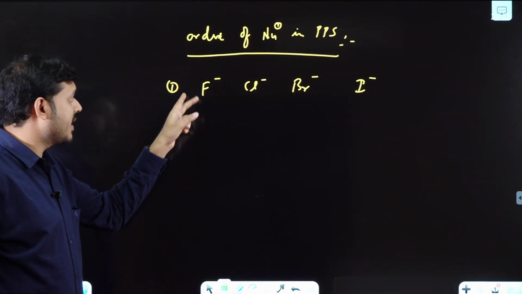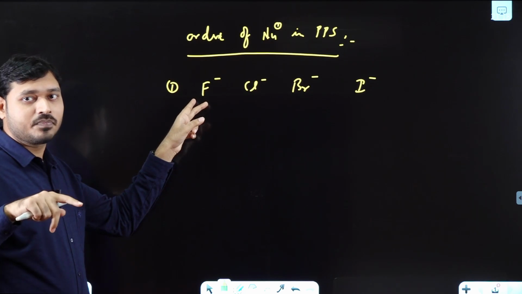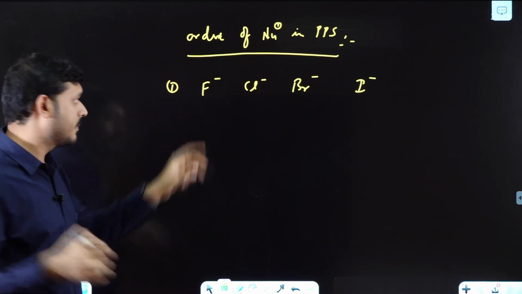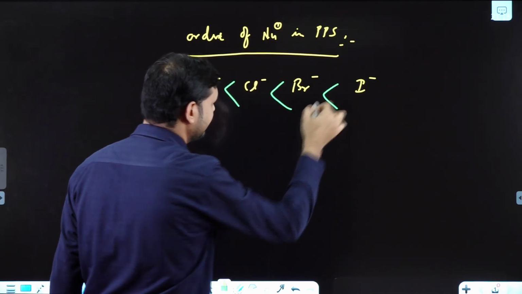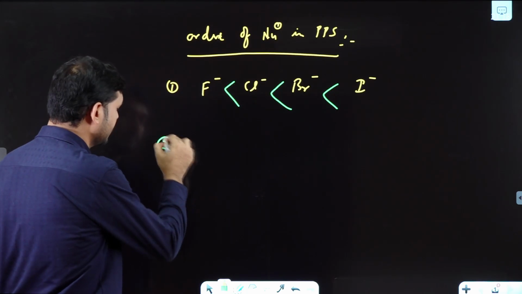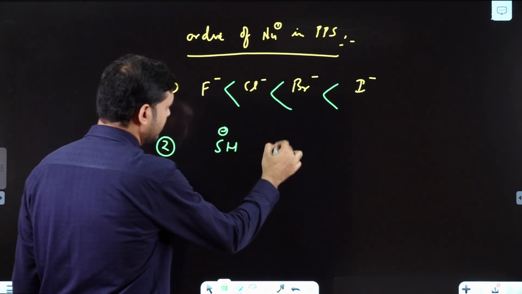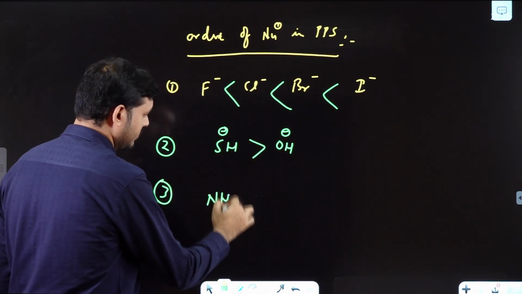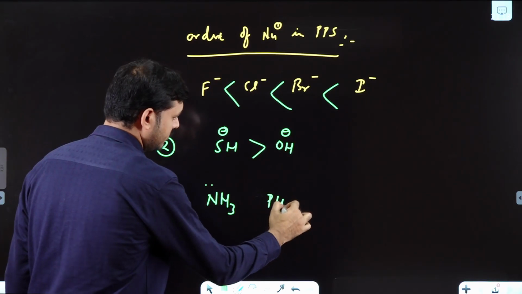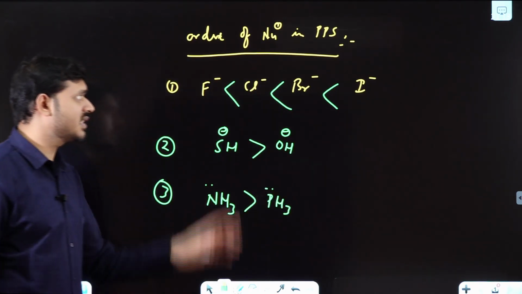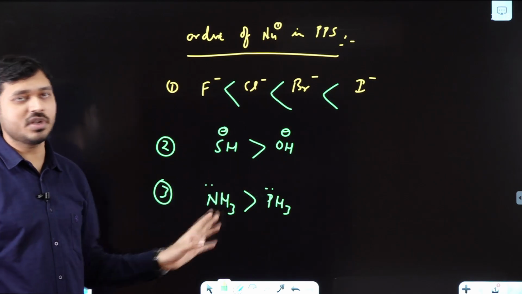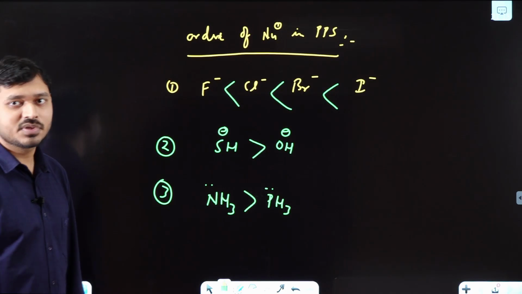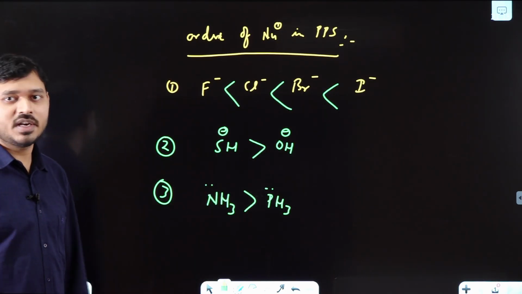See, the basicity of F minus is better, so as basicity is better, its nucleophilicity will be weaker. I think it is clear to you. So in these cases, you can understand that due to polar protic solvent, the nucleophilicity order is the reverse of the basicity order. I think you have understood this part in detail.